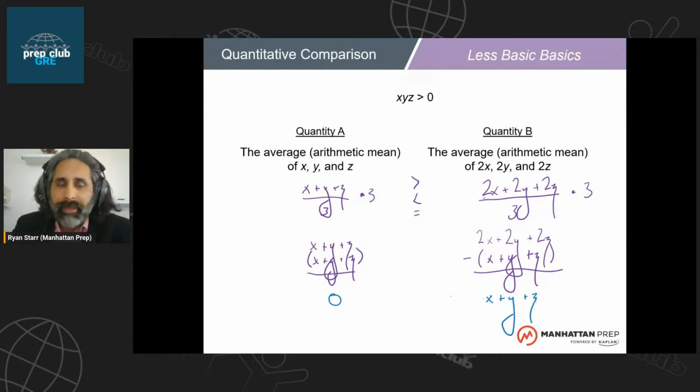That setup gives you a huge hint as to what you should really be thinking about with x, y, and z over there, right? Because what this problem boils down to is whether x plus y plus z is greater than 0. Another way of putting that, whether x plus y plus z is positive. And that, in turn, invites the question, could x plus y plus z be negative?